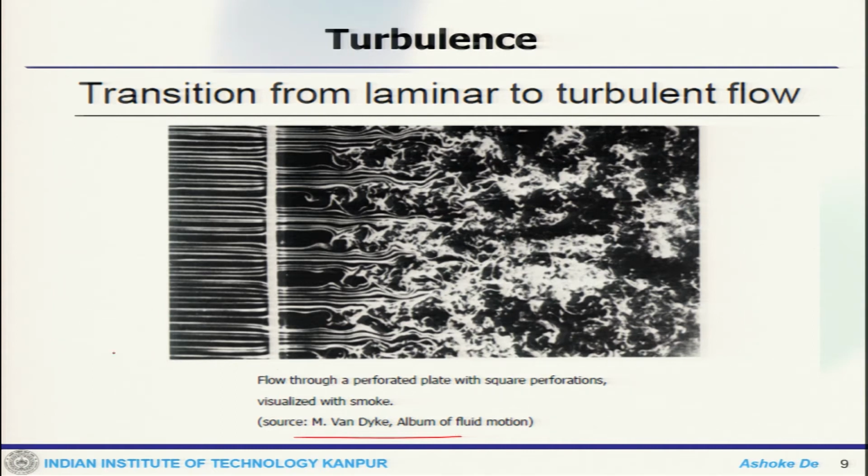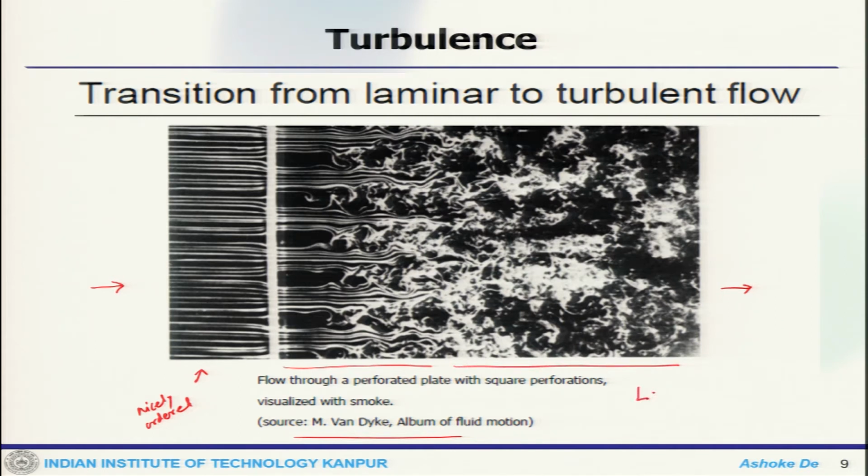The flow comes from this side and goes out from this side. When it enters over the plate, this is a nice streamline one can see; rather, these are nicely ordered lines, but then it goes through transition to turbulent. So, there is a transition zone and then finally it becomes completely turbulent.